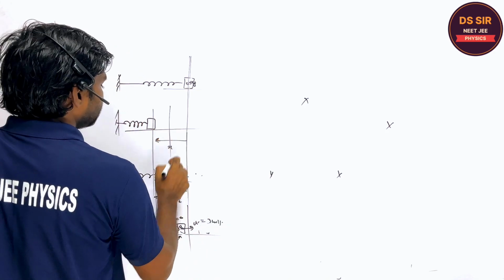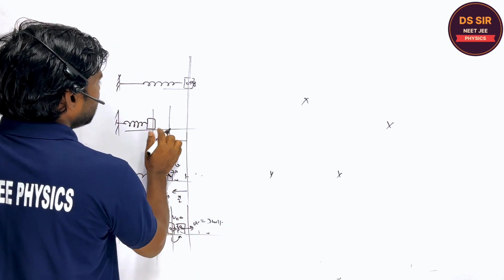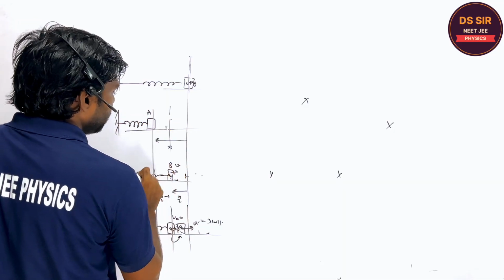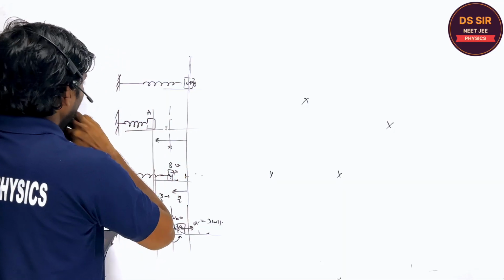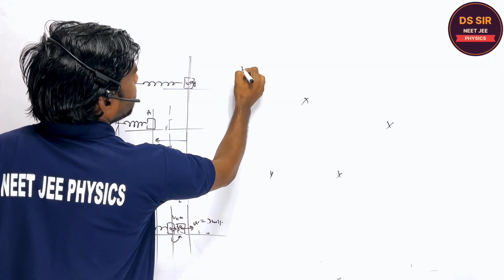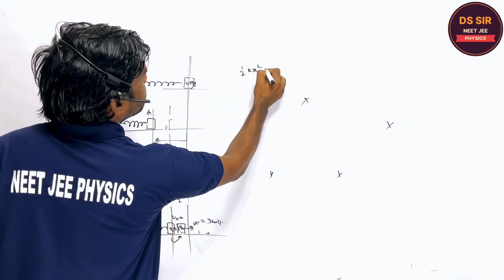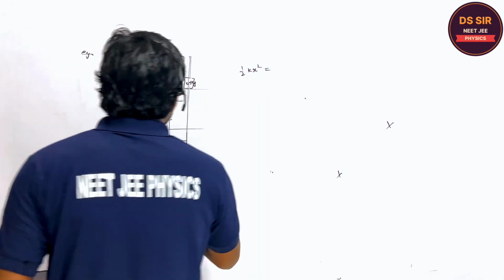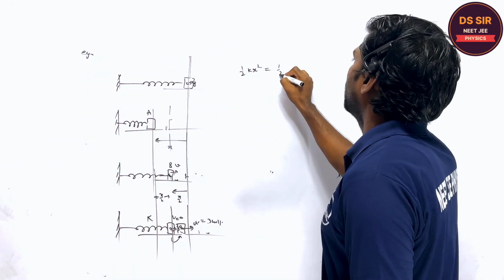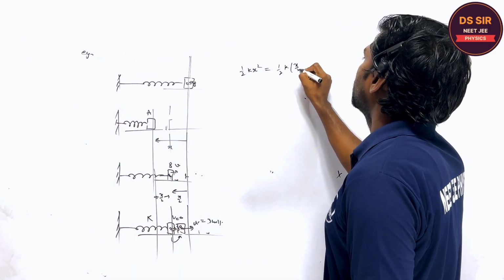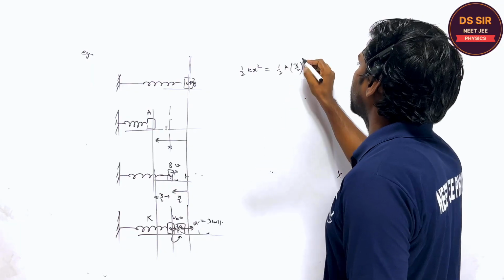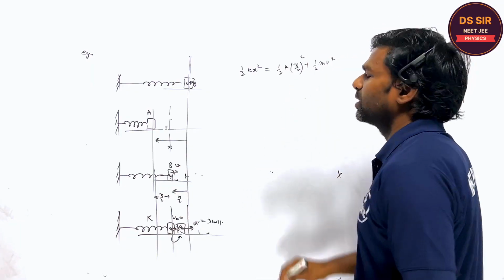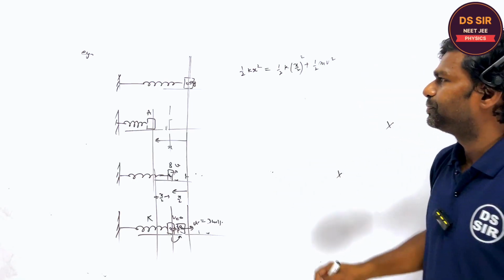And here, this is the point A, this is the point B. At point A, what is the kinetic energy? What is the spring potential energy? Half kx square. At this point, the potential energy is half k (x by 2) square plus kinetic energy half mv square. Is it clear or not?